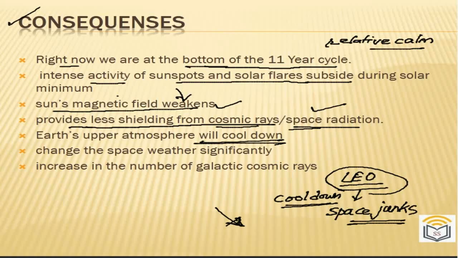You know that meteorites burn while coming towards the Earth. As the Earth's atmosphere is cooling down, there will be less burn of the objects, so it is detrimental for the Earth. And next, it will change the space weather significantly.